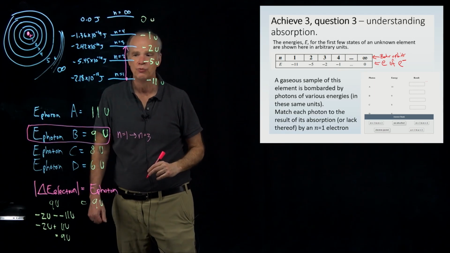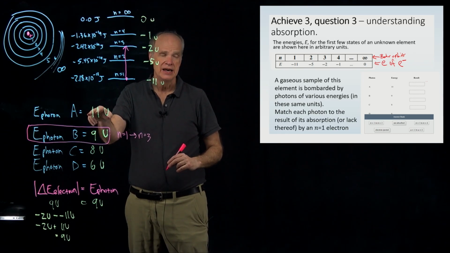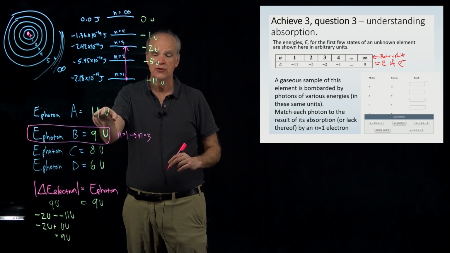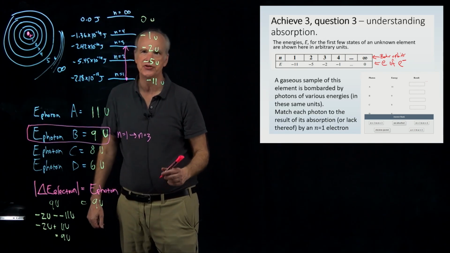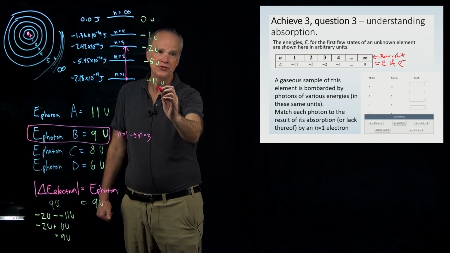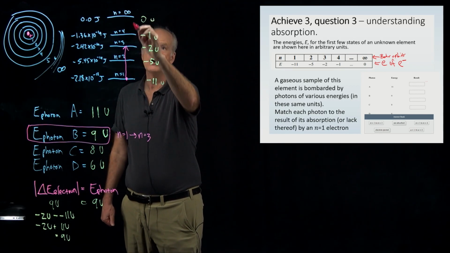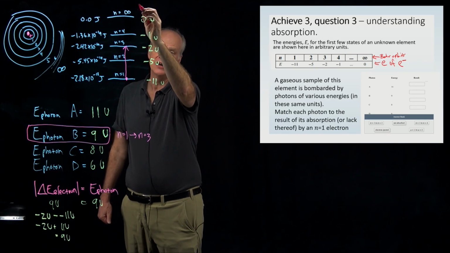Okay, we'll do one more. How about photon A? Which electronic transition would account for a photon absorbing 11 units of energy? I think what you can see here is that it will take 11 units of energy to get the electron off the first orbit all the way out of the atom, so that the atom is completely ionized into a positive charge.